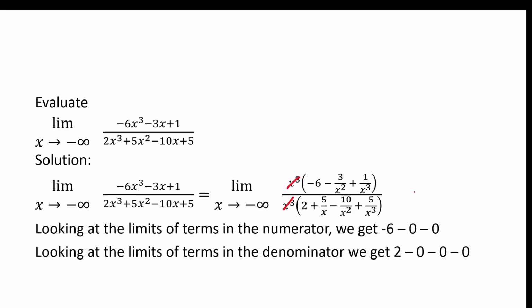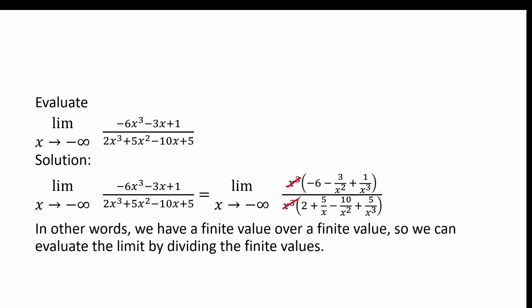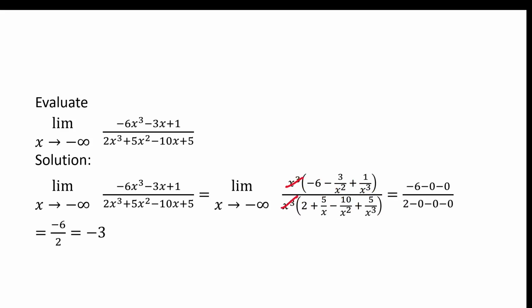Okay, now the limits as x goes to negative infinity of each of these are shown here. And so what we end up with is a finite value over a finite value, literally just negative 6 over 2. And the answer is negative 3.